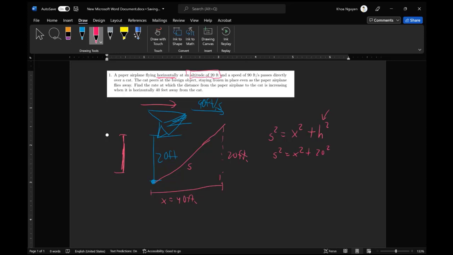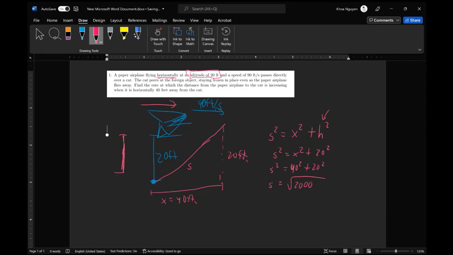And then whenever you're doing this, you do the implicit differentiation, and then you start plugging in stuff. You could plug in the x, and you would get 40 squared plus 20 squared equals s squared. And it does give a useful value. So you'll get s equals the square root of 2000.